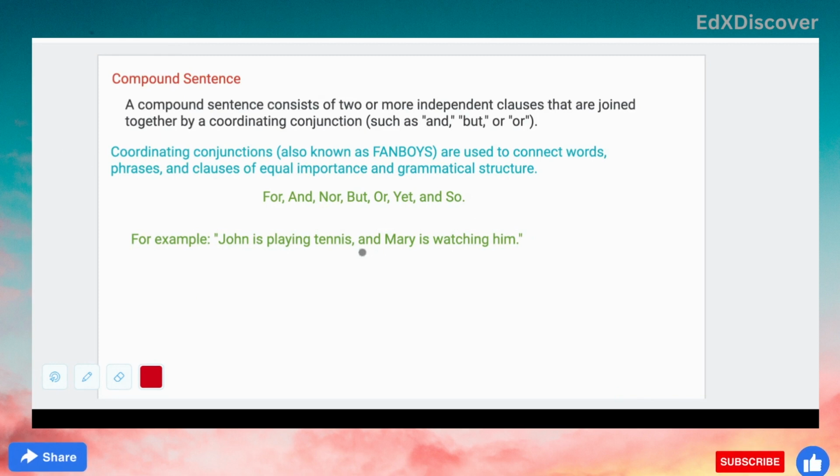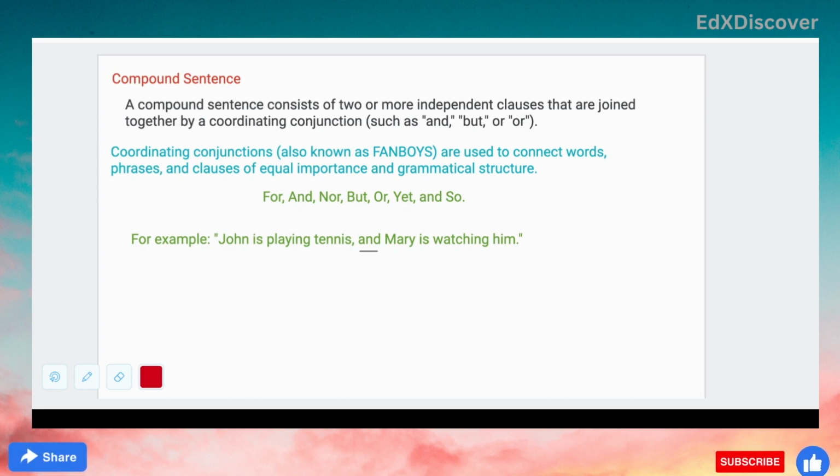That is a coordinating conjunction and it connects two independent clauses. So here "John is playing tennis" is joined by a coordinating conjunction to another sentence, "Mary is watching him."